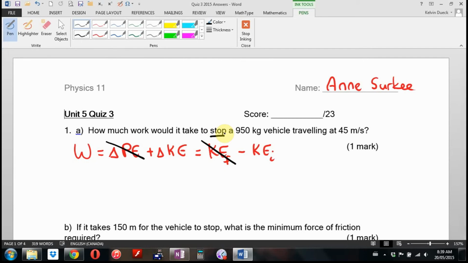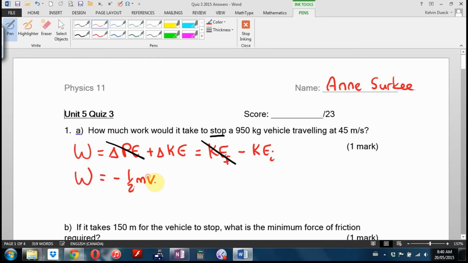What we're really saying is the car has to lose energy, or the vehicle has to lose energy. I'm going to get negative a half m v initial squared.